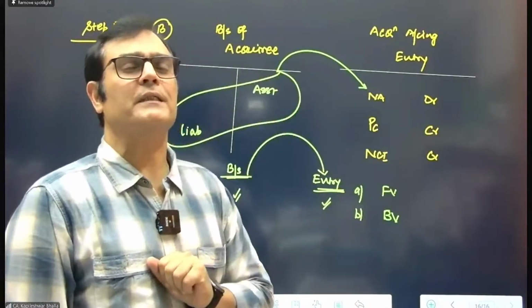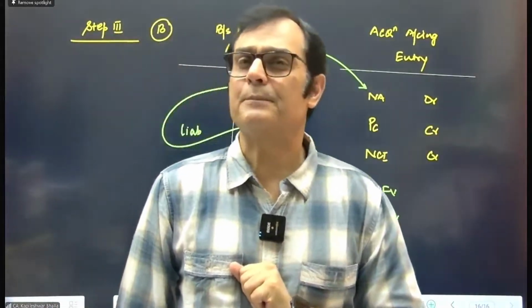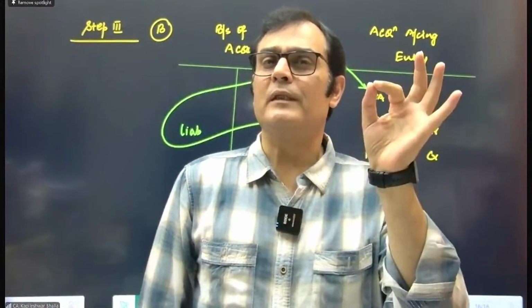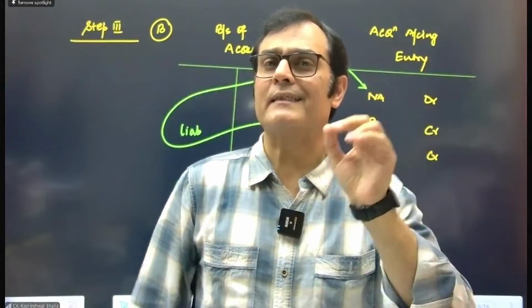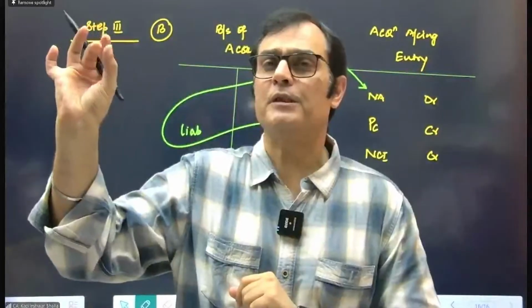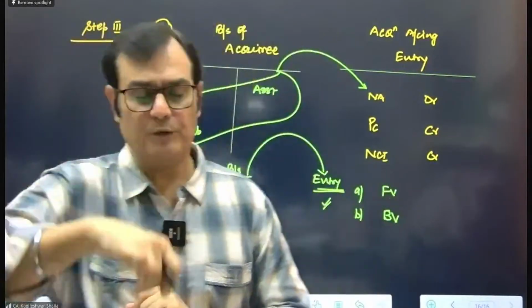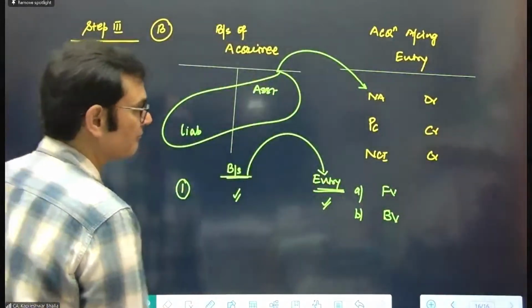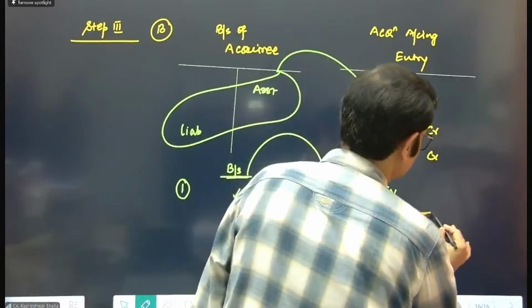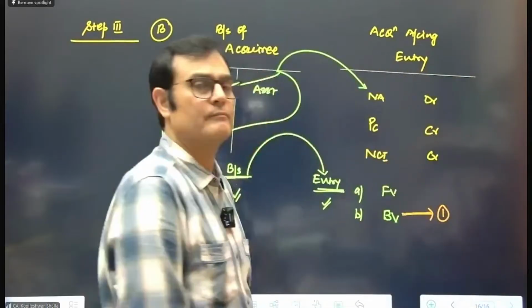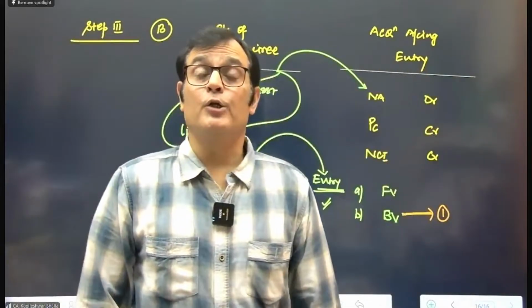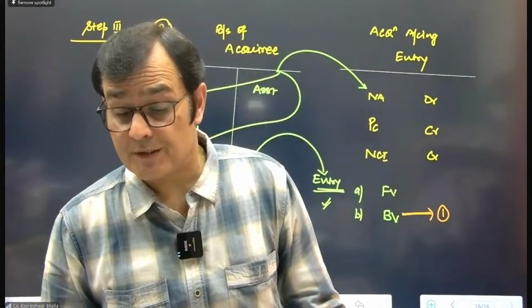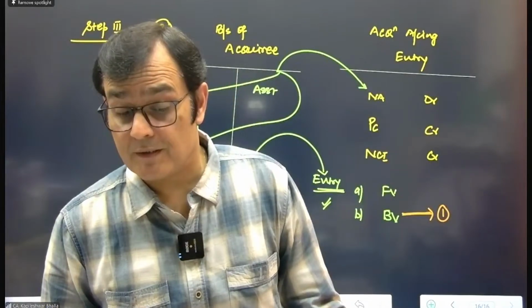Would you like to remind me which particular exception that could be, where you will take the book value of the asset directly and put it in the acquisition entry, no fair value? Can you recall what would be an example for this? Land and building? No. Cash and cash equivalents?